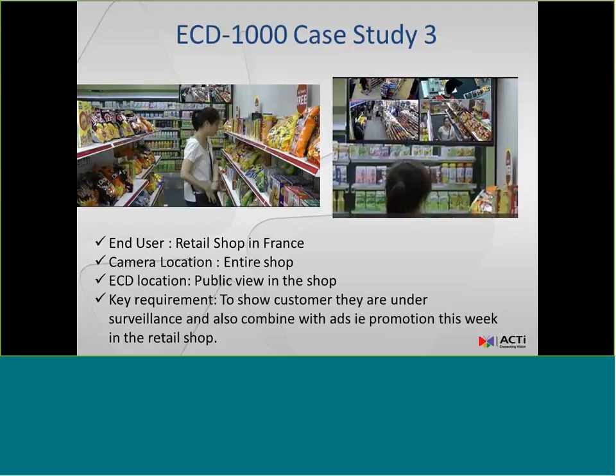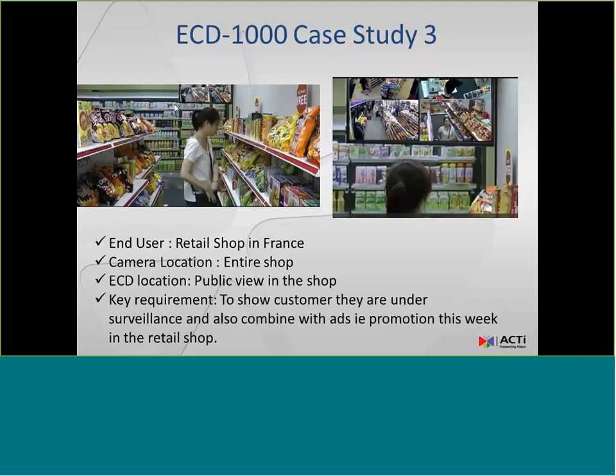Now we can have this part with digital signage, so it can show advertising on the monitor. When the customer steps into the shop, he can already see what's on promotion now, and what kind of special event this store has.